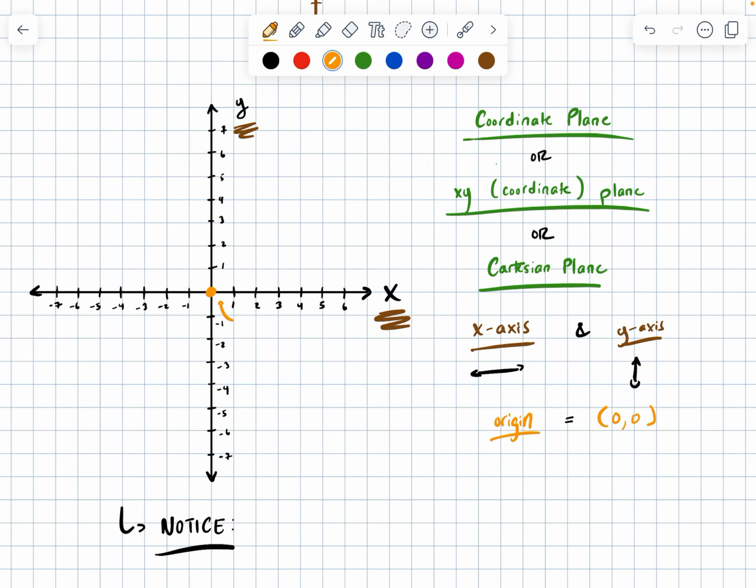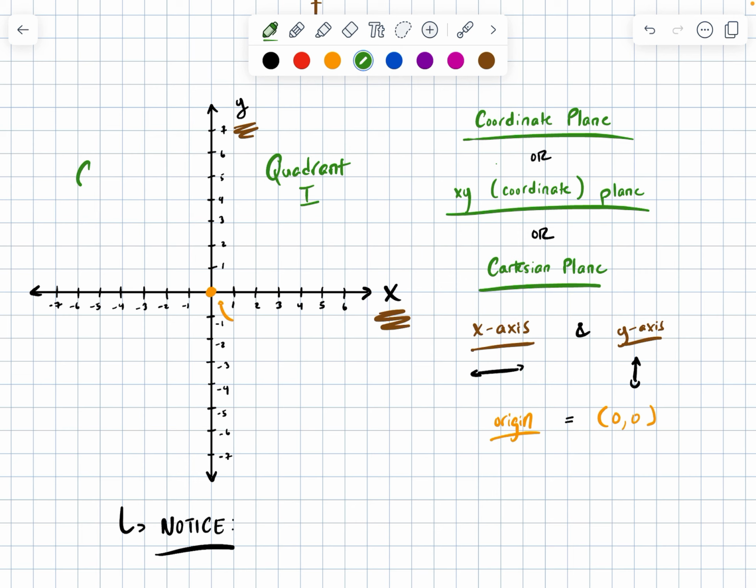The last thing that we'll talk about here are these 4 different rectangles or squares that we've created. We call these the quadrants of our graph, and we have 4 quadrants. The one here on the top right, you might remember if you've learned this before, is called quadrant 1.